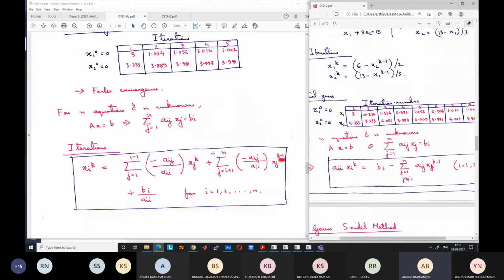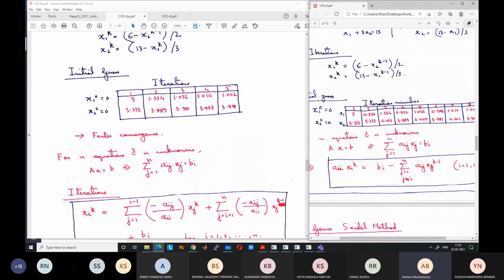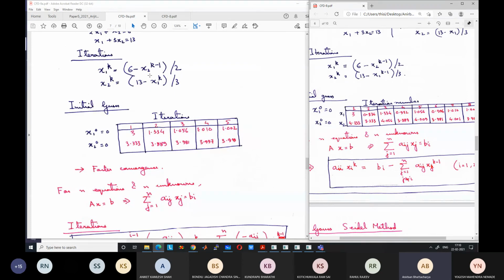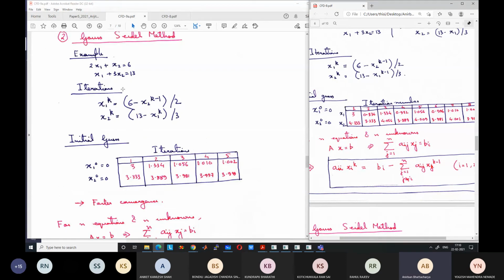If you don't understand this equation, it's fine, because you can just take a look at it and understand what the method is, how it proceeds based on these two equations. If there are three equations also, you should be able to do it. If I give three equations in the exam and say, solve three iterations of the Gauss-Seidel method for these three equations to get the three unknown values, you should be able to do this.